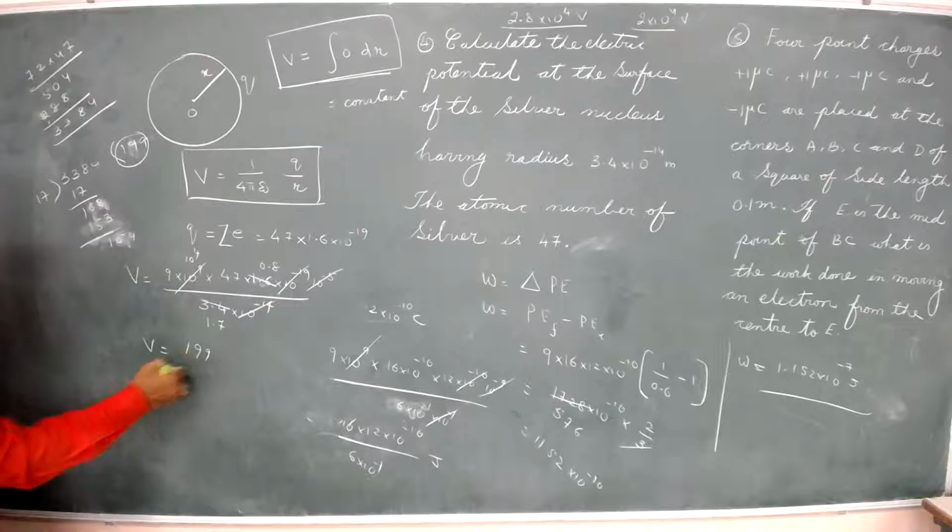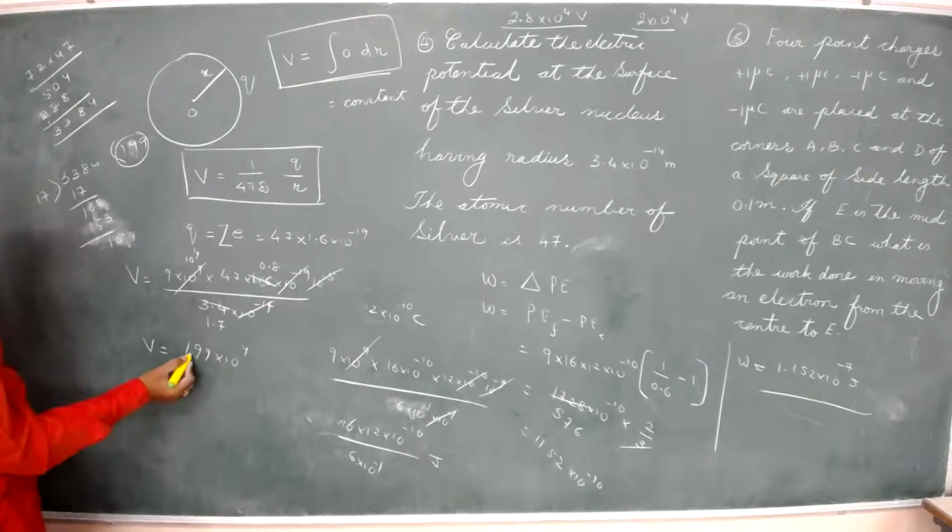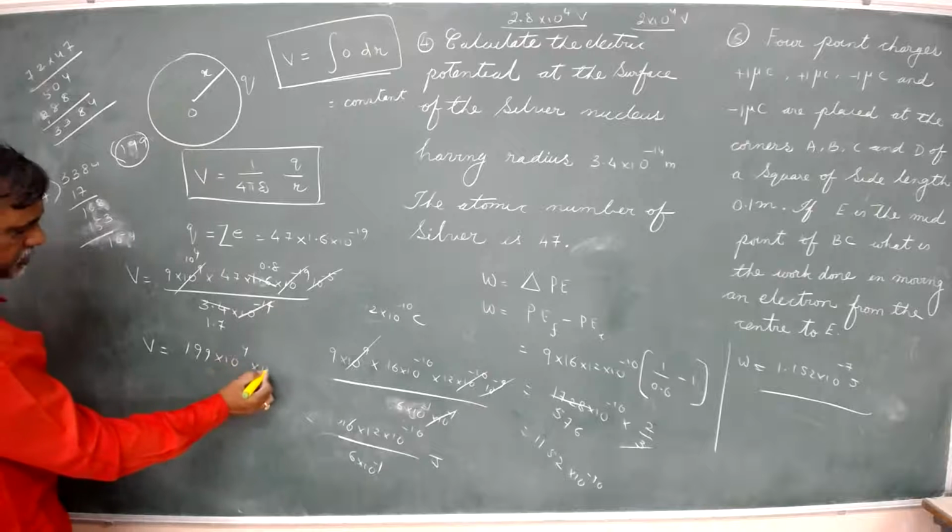So 199 into 10 power 4. Now I want to put the decimal point over here. For that, what should I do?